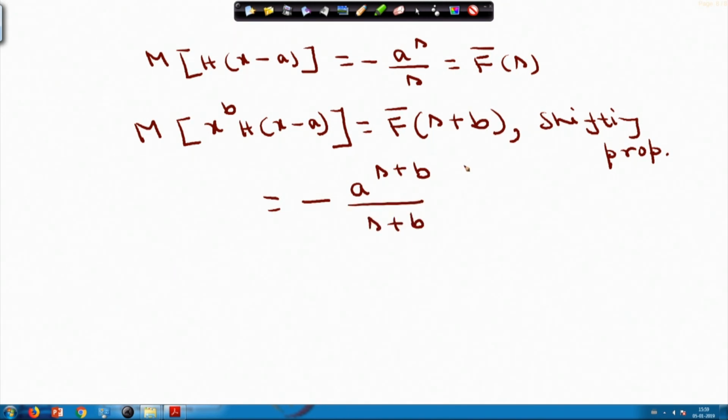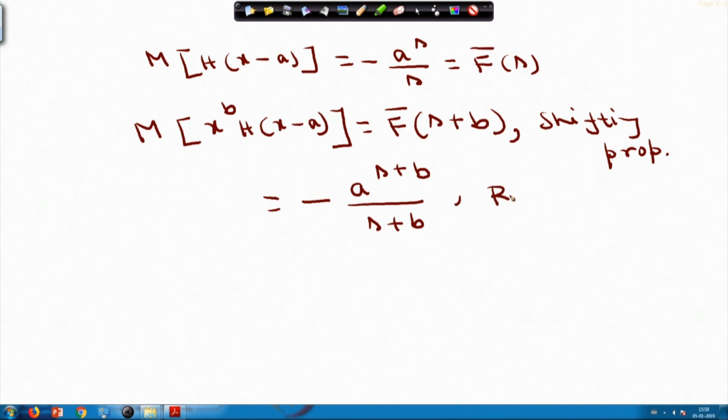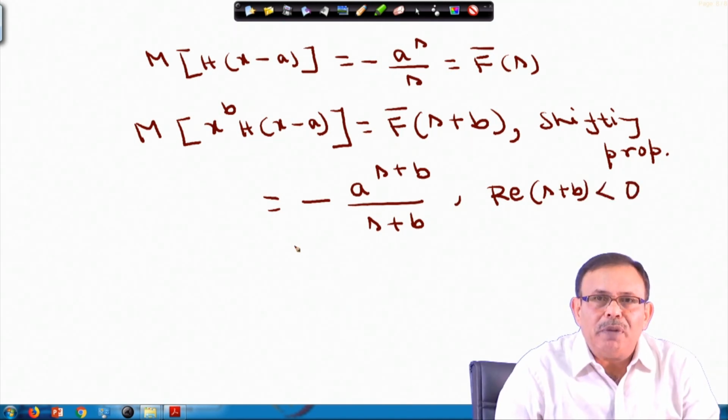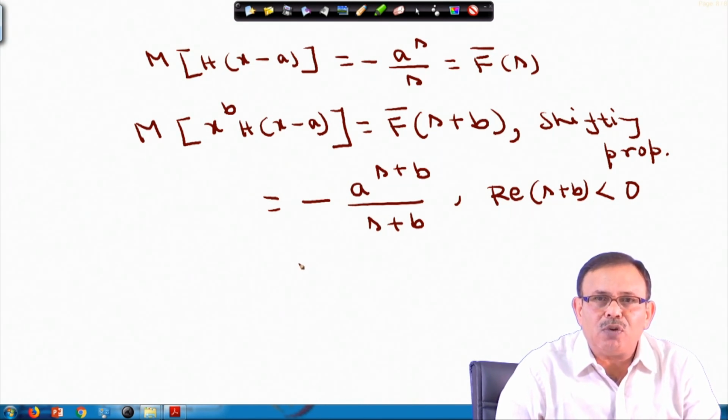That is, s is replaced by s plus b, and please note that the real part of s plus b should be less than 0. Therefore, the Mellin transform of the function x to the power b into H of x minus a equals minus a to the power s plus b divided by s plus b, where H of x minus a is nothing but the Heaviside function.